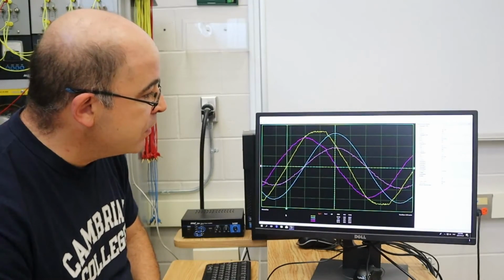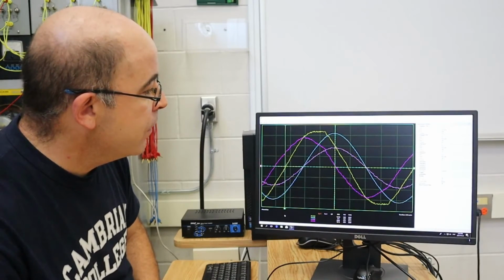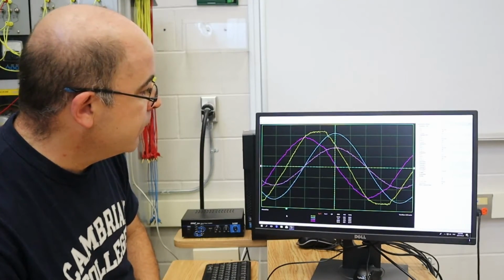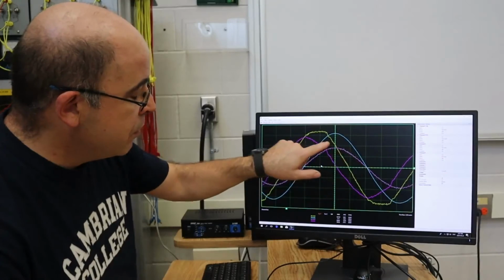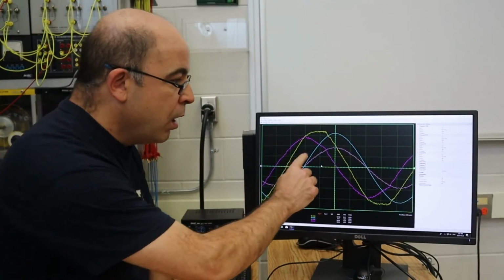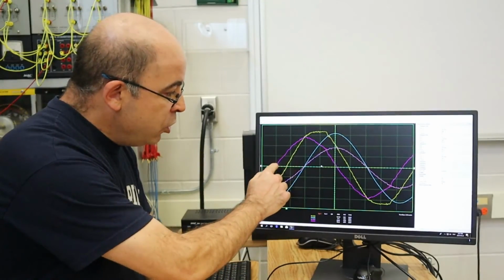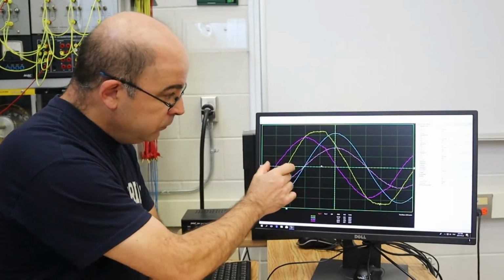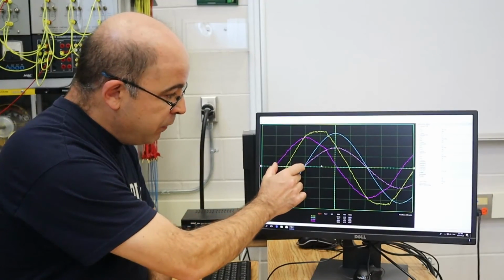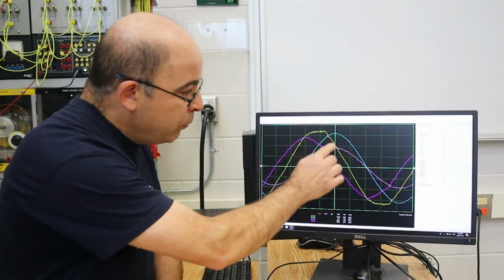Now if I put the current smack dab in the middle, we can use as a reference that the current and the voltage across the resistive load module are completely in sync with one another, or in unison. The voltage in purple here and the current are almost 90 degrees out of phase with one another. Why are they not perfectly 90 degrees? There's a small amount of resistance in the inductors. And the gold represents the entire circuit overall.